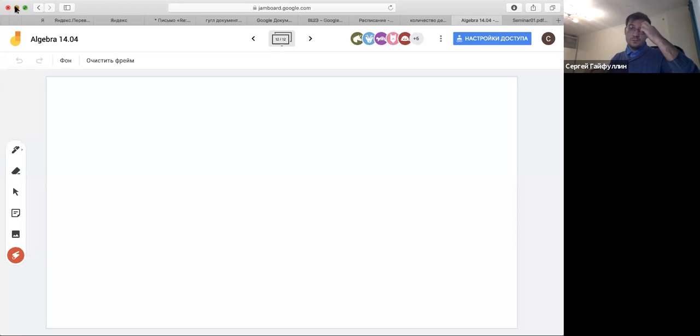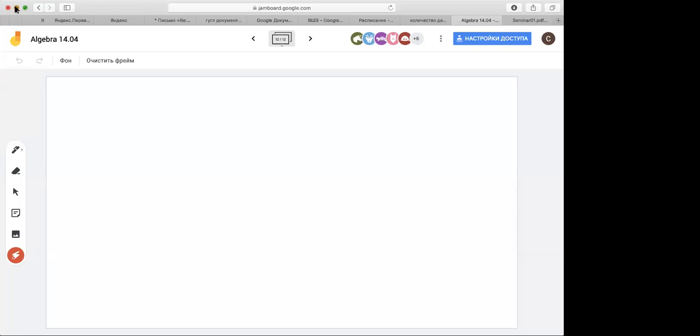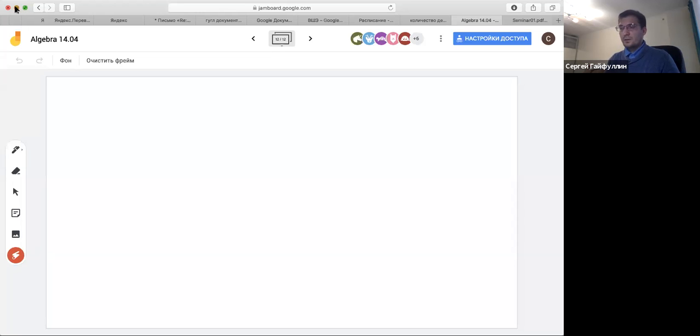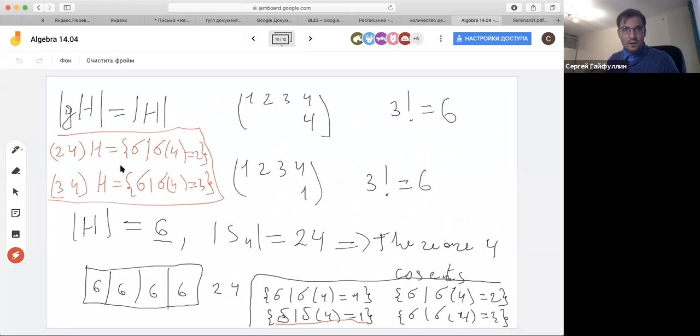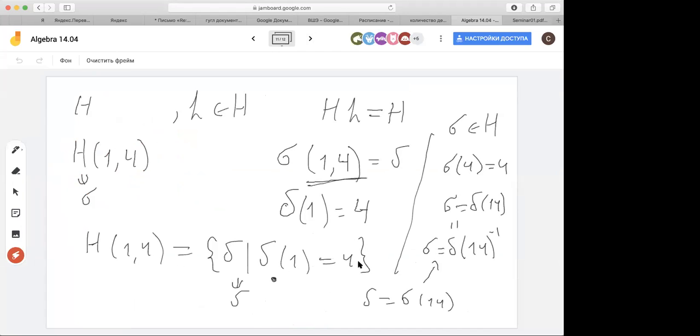And all the others are the same as H. And you understand that right cosets and left cosets are not the same, because let us see, first, left cosets were 4 goes to something, and right cosets are something goes to 4.